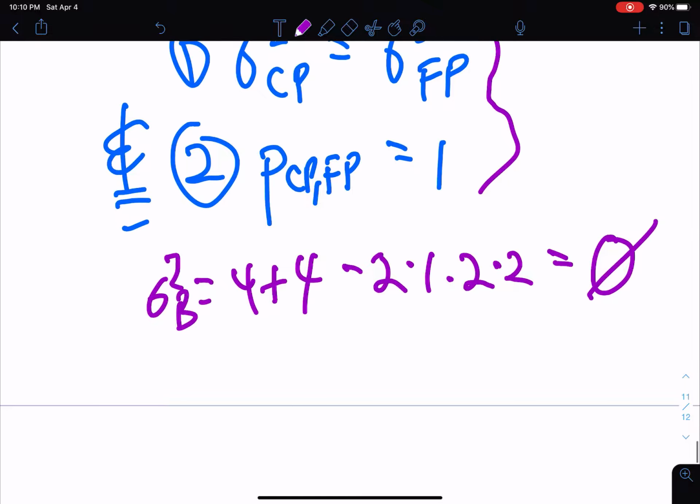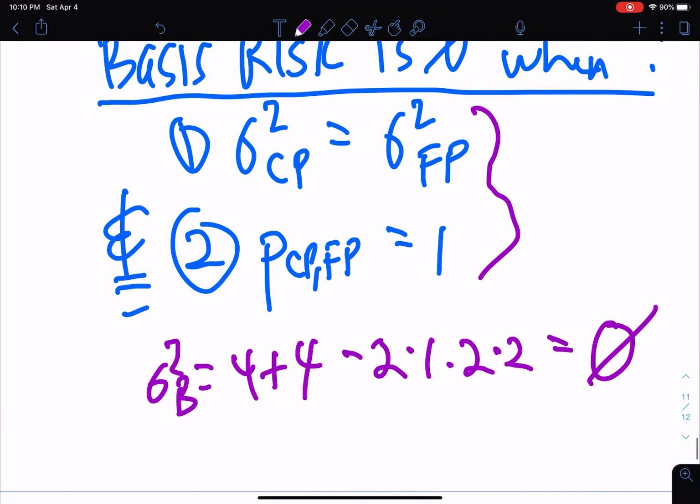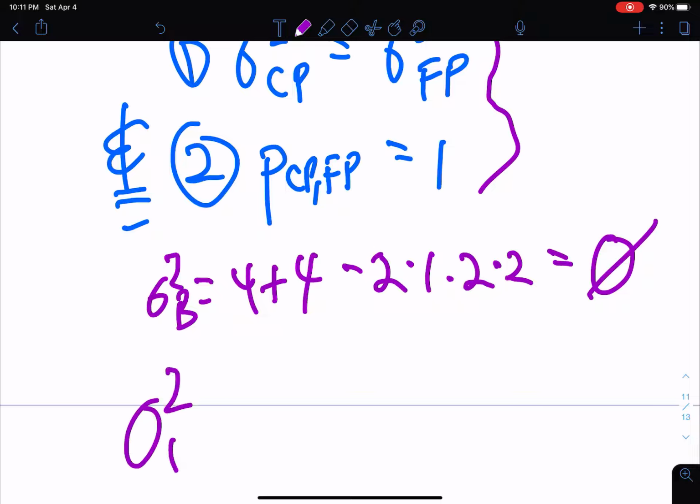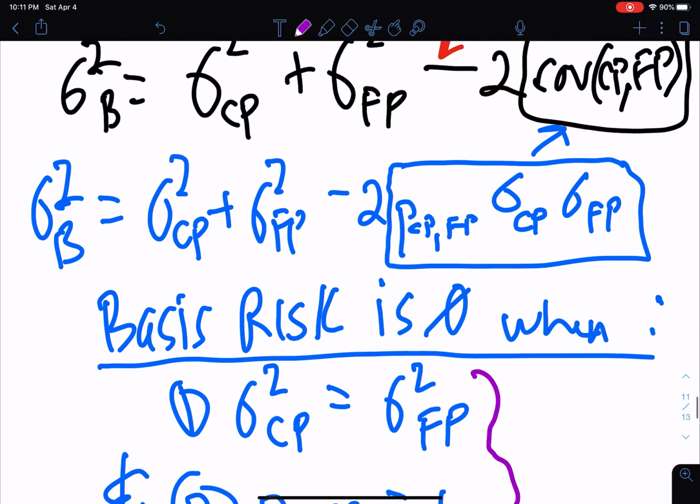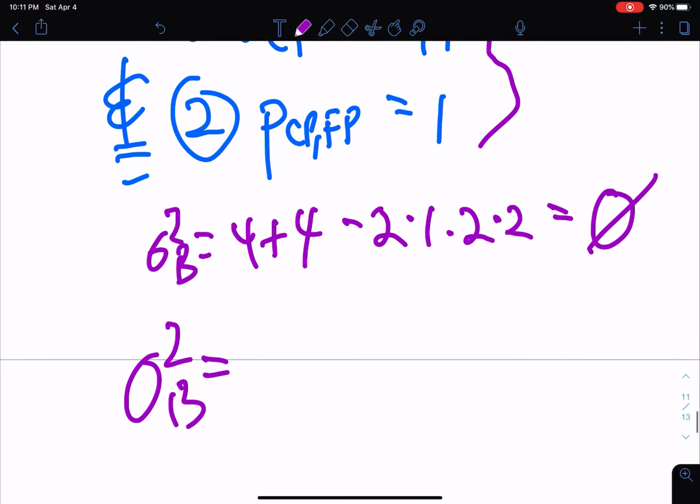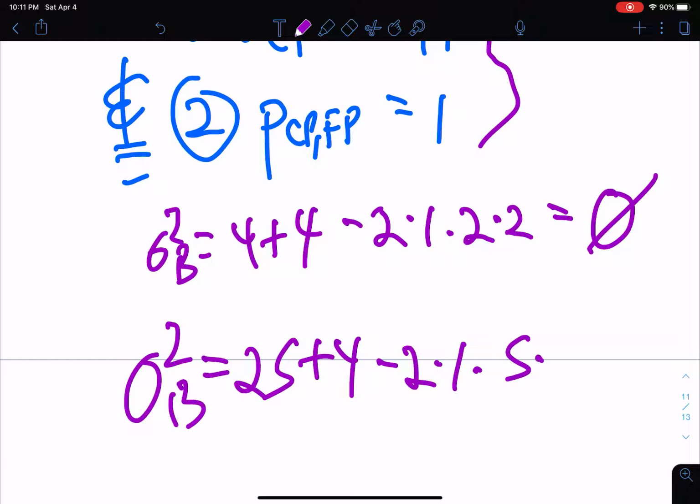Just to show you a circumstance when these two don't hold, the variance of the basis might look like this. Maybe the variance of the cash price is 25, and we'll keep variance of the futures at 4, minus 2 times 1 times 5 times 2. So that's going to be 29 minus 20, or 9.